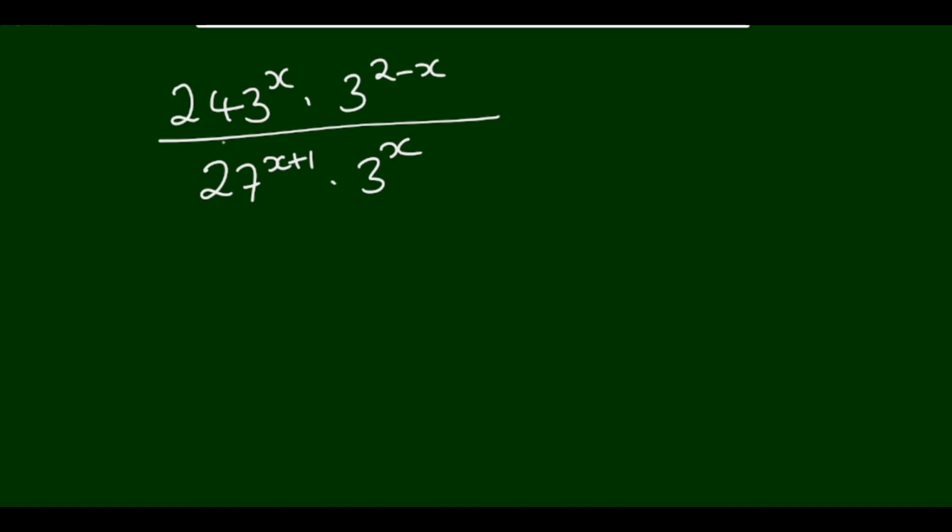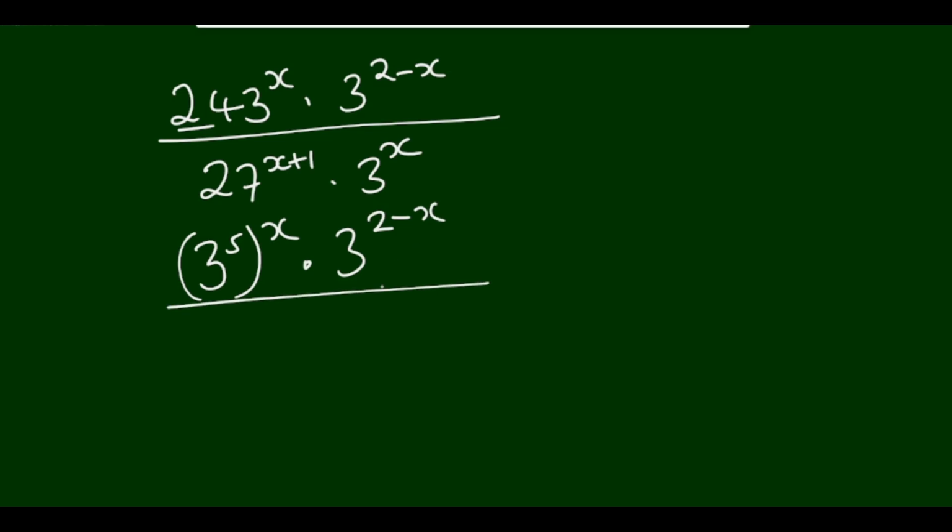Right, let's look at this one. 243. 243 is like 3 to the power 5. So this is 3 to the power 5 to the power x, then times 3 to the power 2 minus x. Then over 27 is 3 cubed. So it's 3 to the power 3, and then to the power x plus 1, and then 3 to the power x. Right? So we can what? Distribute our 3 here.